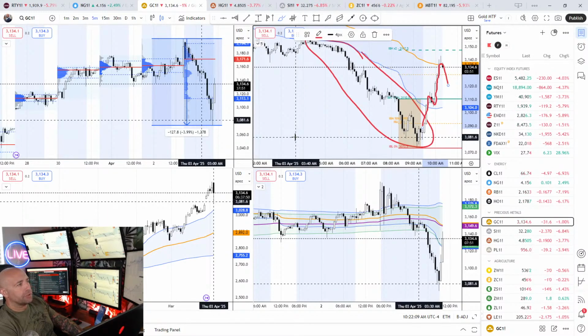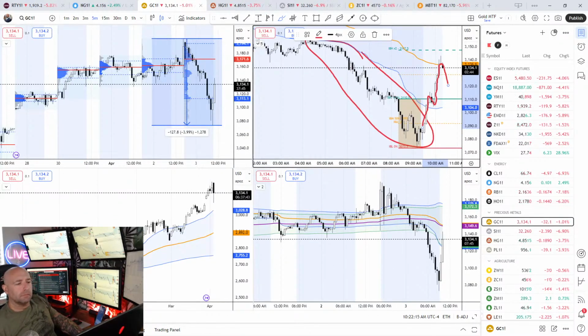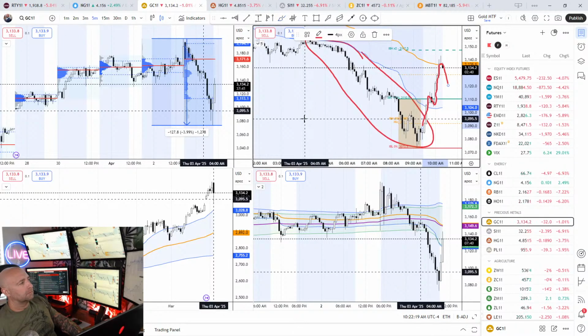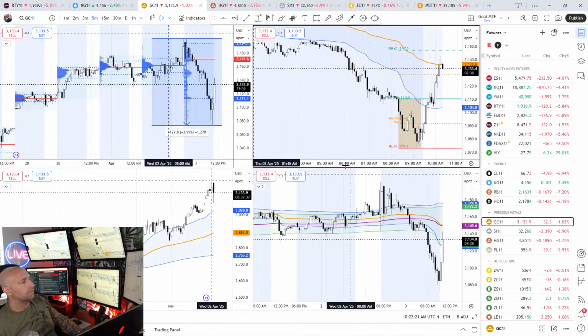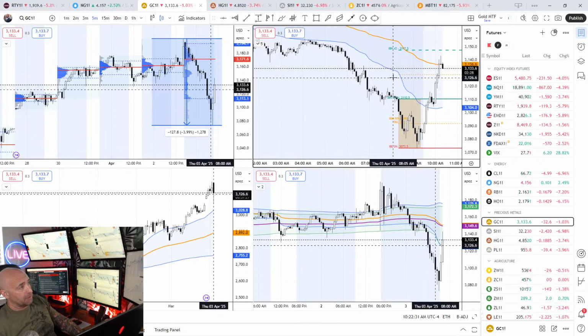So right out of my core setups. So we had two good setups in gold.